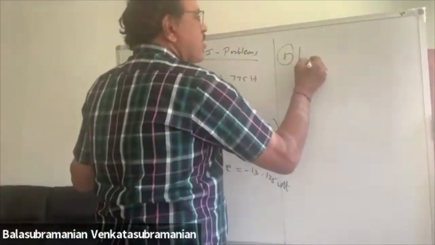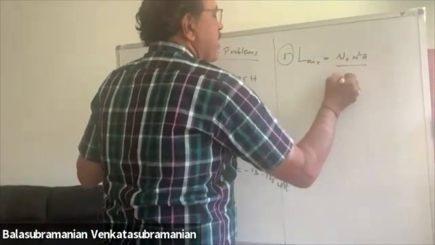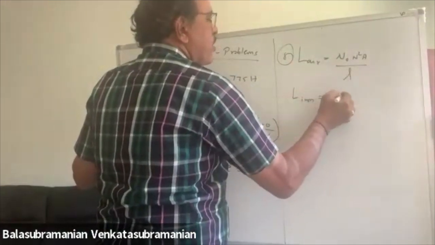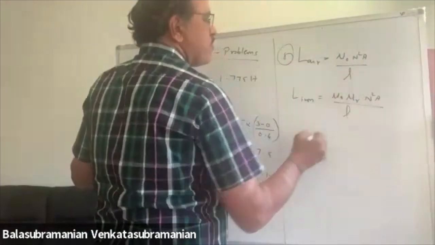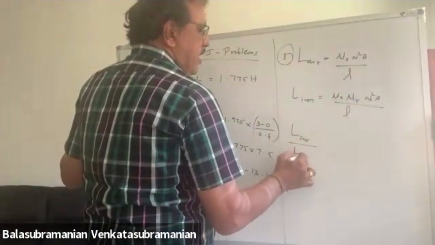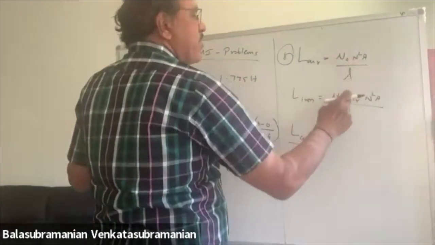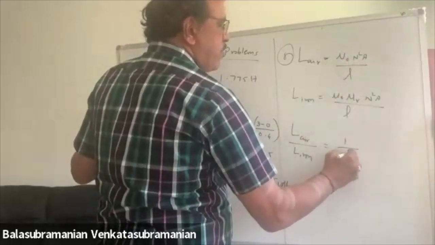Air core: L = mu naught n square A l. Iron core: L = mu naught mu r n square A l. Take L air by L iron. If you divide, mu naught n square A l cancels, and you will get 1 by mu r.